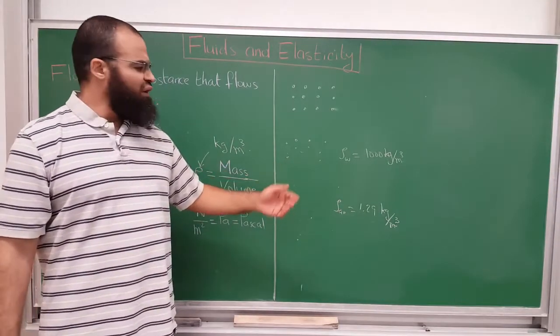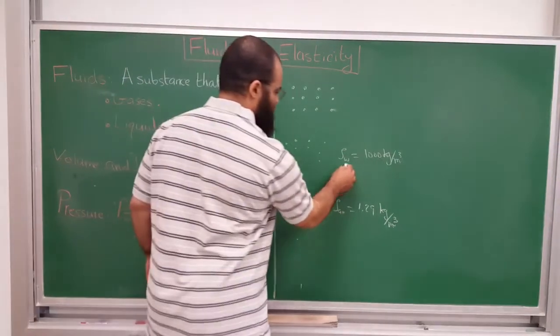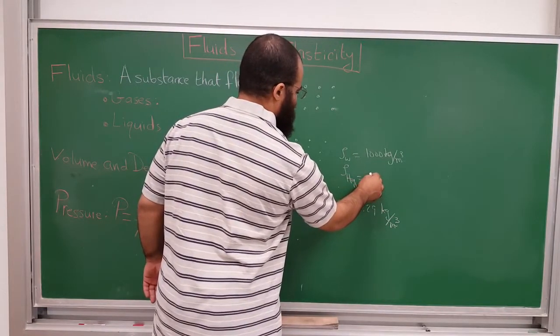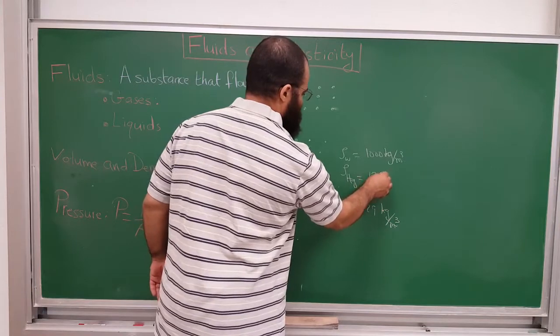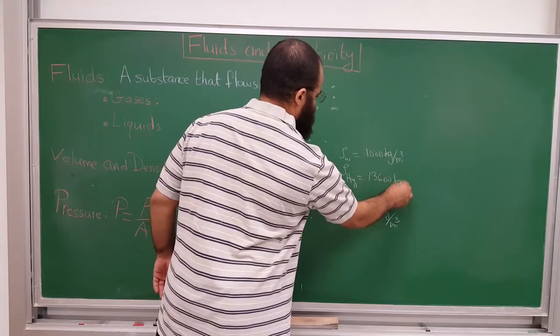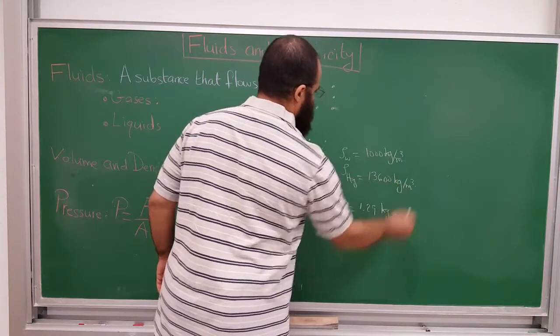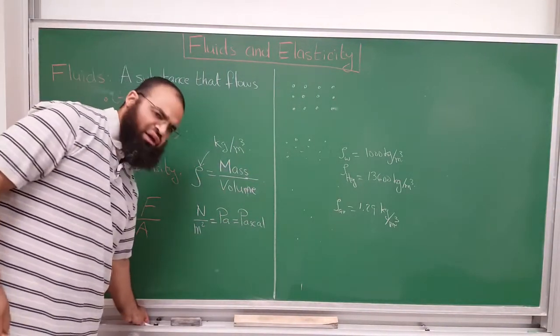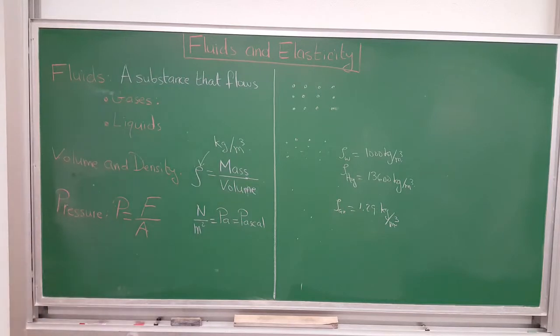And a liquid like mercury, Hg, I believe it's 13,600 kilograms per cubic meter. Anyways, the concept is fairly simple, mass per unit of volume. I can read you a few from my chart here.